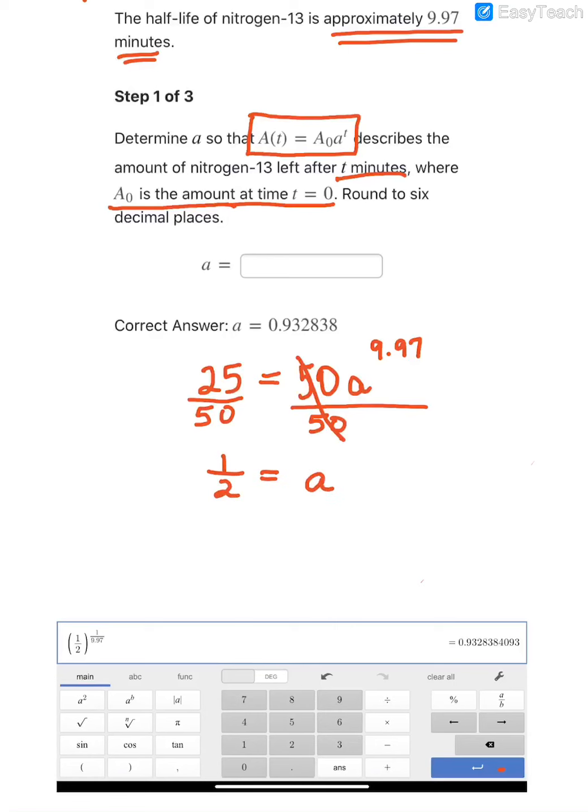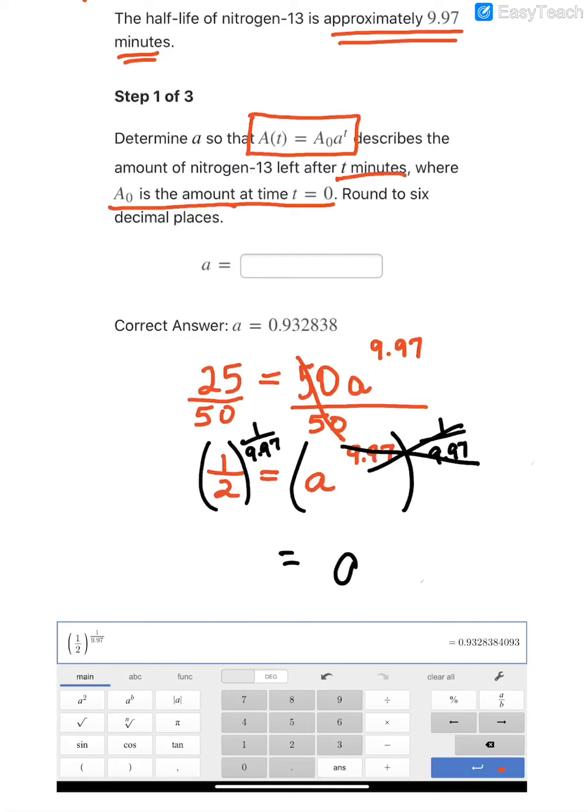And the way that you get a by itself is, whatever power you are raising a to, you can take the same root of that number, which is the same as raising it to the power of 1 over whatever that power was. Whatever we do to one side, we do to the other. So 1 over the power of 9.97 actually cancels the power here, so you just have your a left.